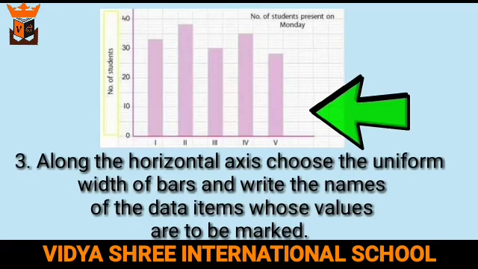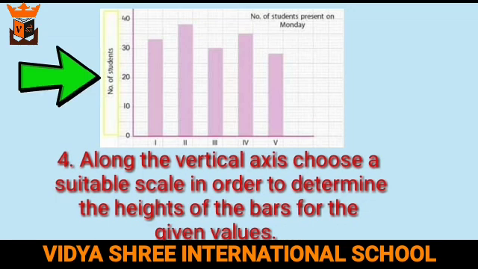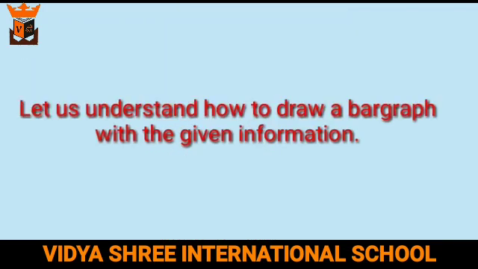Along the horizontal axis, choose a uniform width of bars and uniform gap between the bars, and write the names of the data items whose values are to be marked. And along the vertical axis, choose a suitable scale in order to determine the height of the bars for the given values. Let us understand how to draw a bar graph with the given information by example.